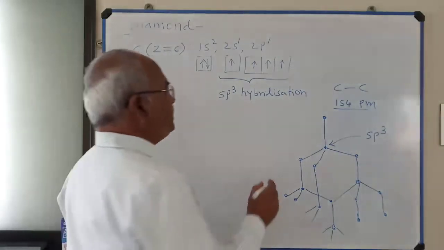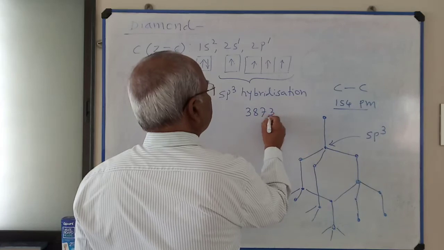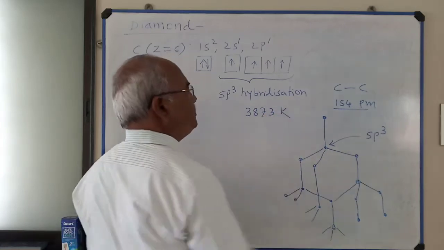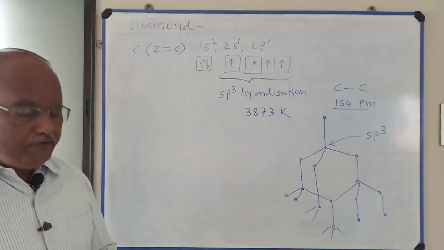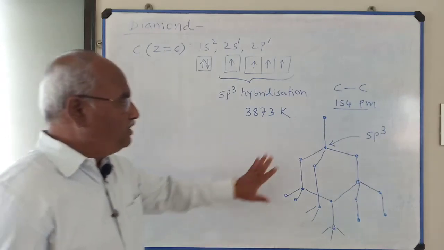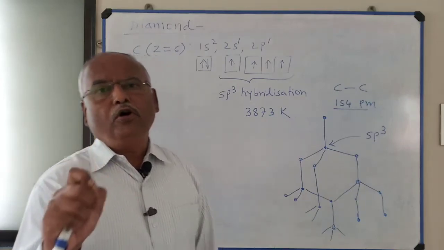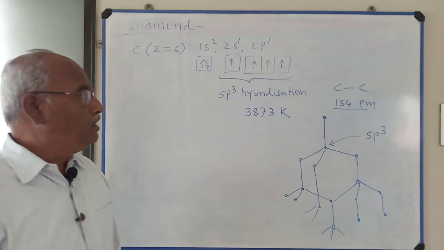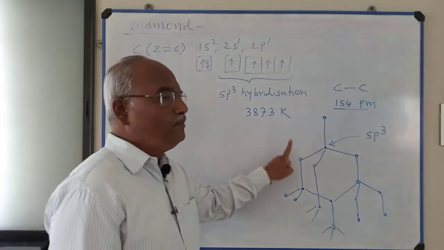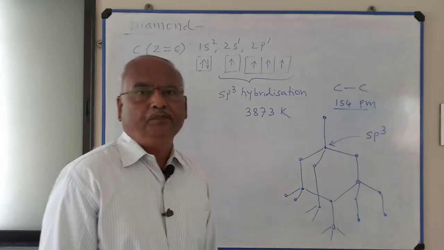Its melting point is 3873 Kelvin. In this structure of diamond, there is no free electron. Therefore, diamond is a bad conductor of electricity.